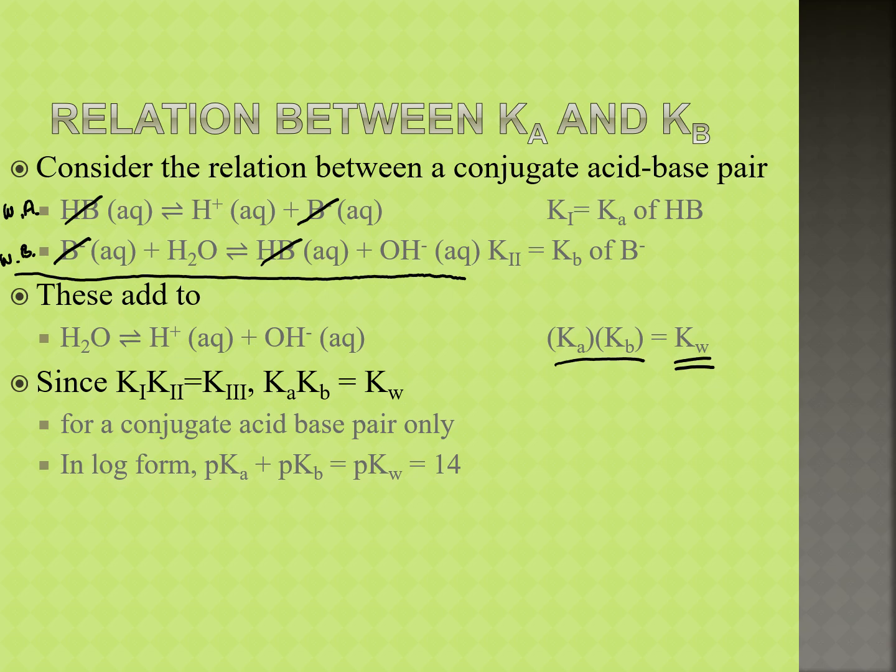So not only does Kw equal H plus times OH, Kw also equals Ka times Kb. And another way of saying that, in the logarithm form, is that the pKa plus the pKb is equal to pKw. Well, the negative log of 1 times 10 to the minus 14th is 14.